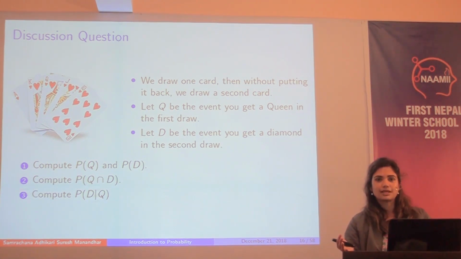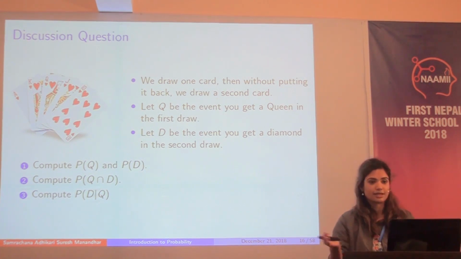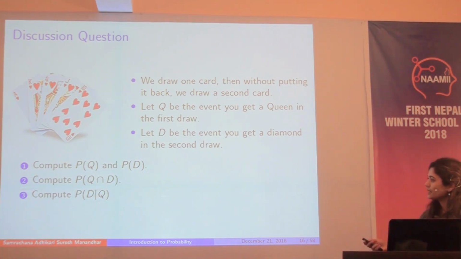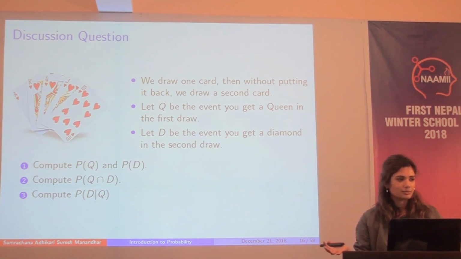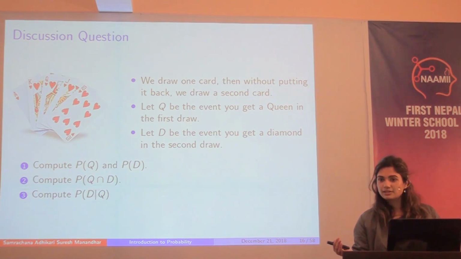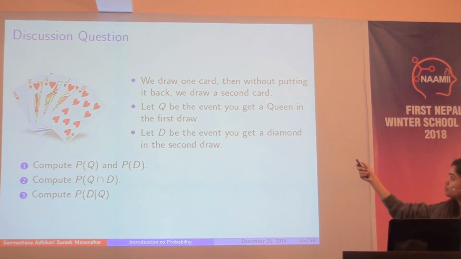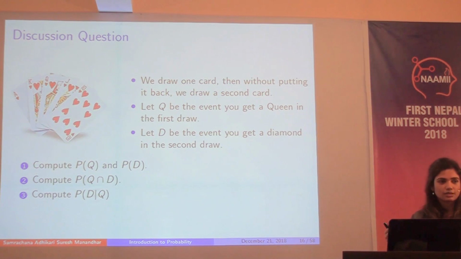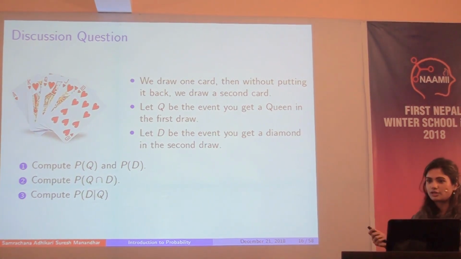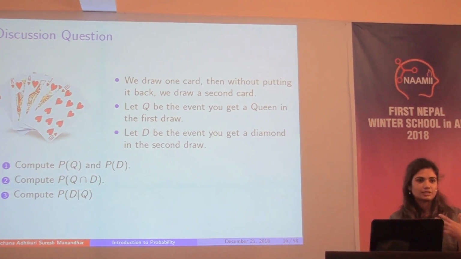Or you could get a queen that is not a diamond, so other suits, and then a diamond. And then you have to start computing that event. So one straightforward way would be just to write all the possible events when you draw two cards in a row, and then just use cardinality or counting the frequency.